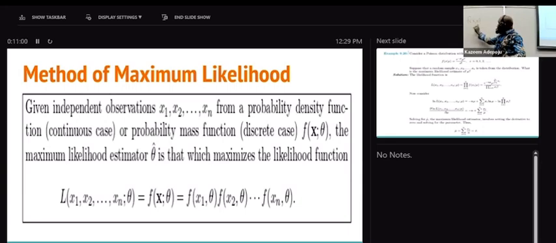If f of x theta is for a particular distribution, and I want to use the method of maximum likelihood, I need the joint of this. What is the joint? I'm going to assume that this is just for xi. Then I need f of x1, theta, f of x2, theta, until I get to the last one.